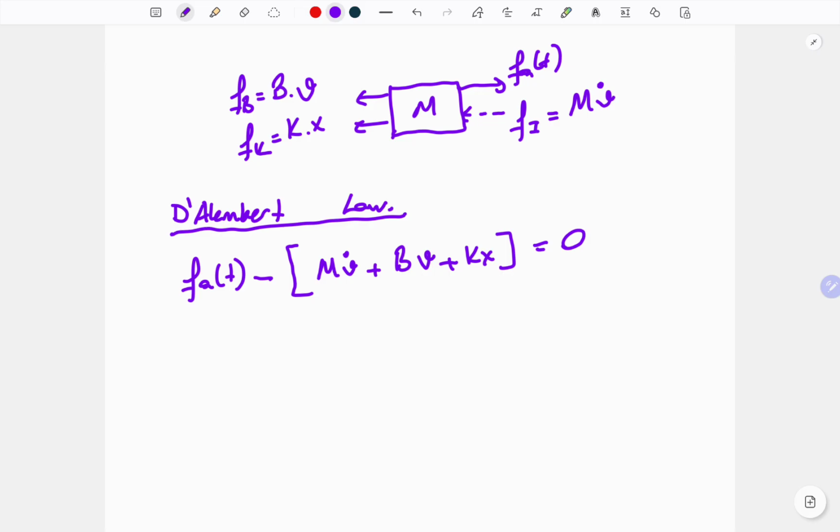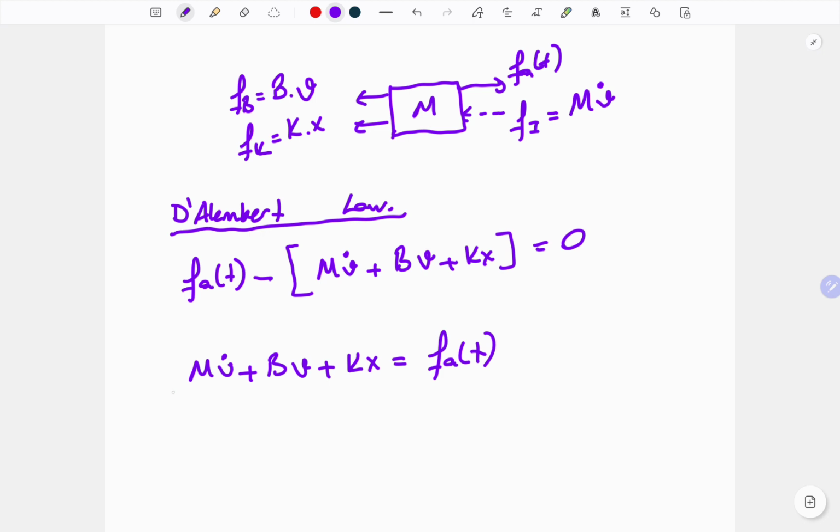So for example, for such a system, if we rearrange the equation, we can write m v dot plus b v plus k x must be equal to Fa, which is the applied force, and it is the input of the system. All the system will start with this force, so that means it will be the input. And x and v, these are the state variables of the system. With x and v, we can define the parameters of the physical system.